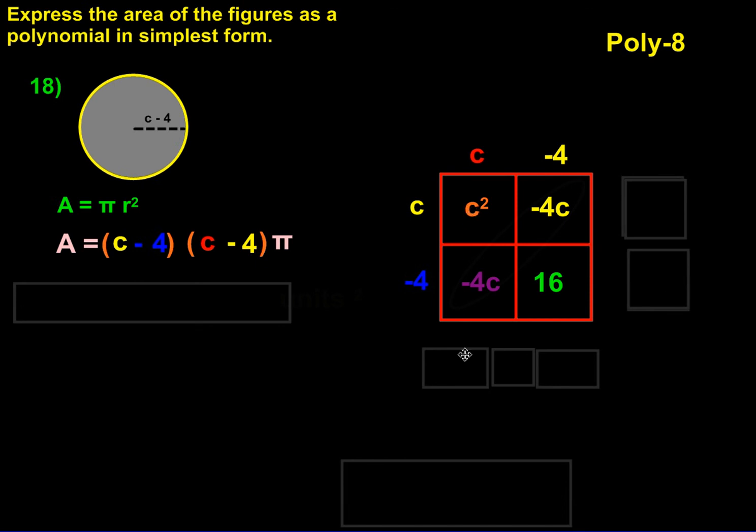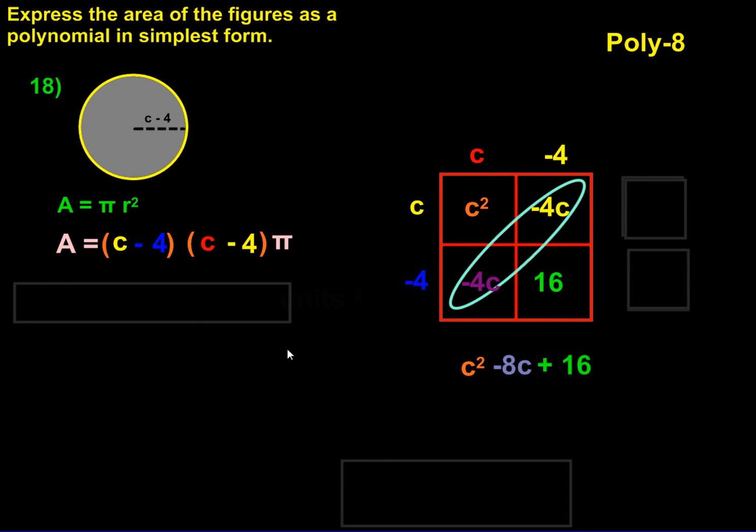I know that my c squared is the largest, so that comes down first. I know that I have like terms here with negative 4 and negative 4. I'm adding, so my negative is going to stay, but 4 plus 4 is 8. So I have negative 8c, and my positive 16 just comes down.